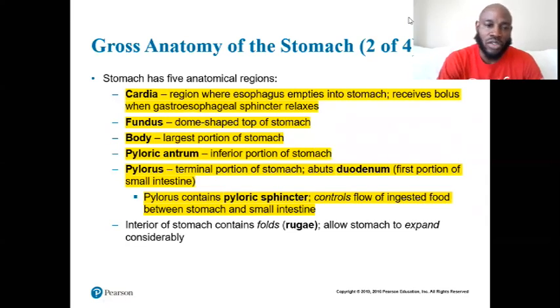All right. So the stomach has 5 regions that we break it up into, right? So the cardia region.